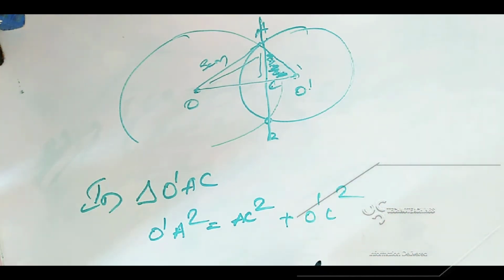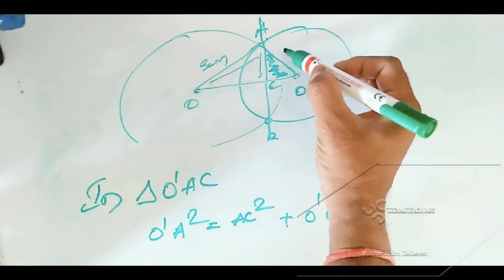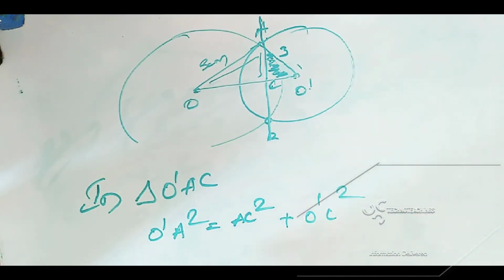So now O'C square, I have, so this is the radius part, isn't it? So I have O'A square equal to 3 square. I'm substituting the value of O'A square. So 3 square equal to AC square.